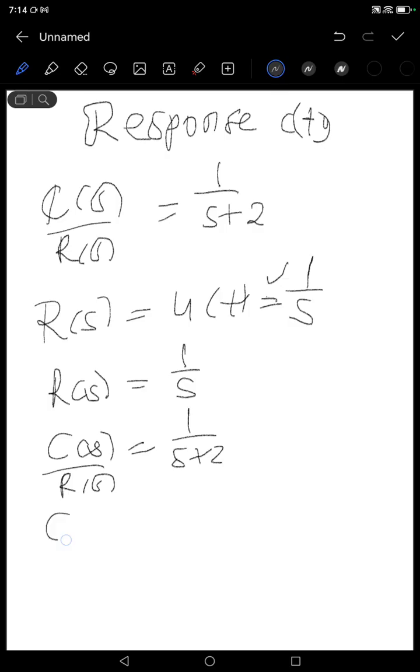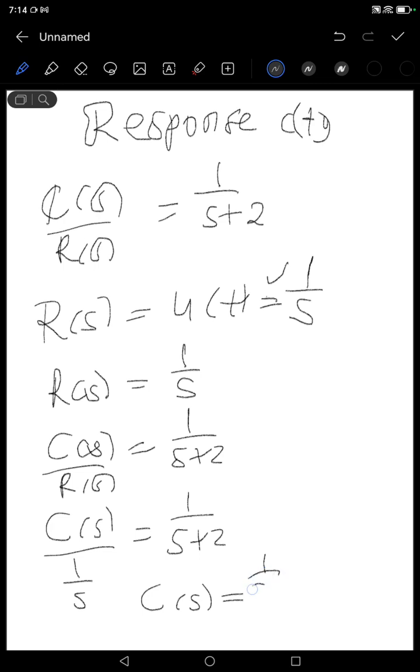So now we're going to have C(s) divided by 1 over s is equal to 1 over s plus 2. And then we can multiply both sides by 1 over s, and therefore we'll be left with C(s) equal to 1 over s plus 2 multiplied by 1 over s. So we just take this 1 over s to the other side.